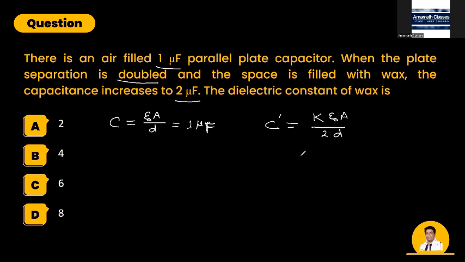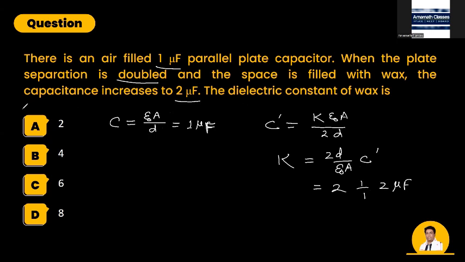So K will be equal to, because we want K only, 2D by epsilon naught A into C dash. Now epsilon naught A by D is 1, so 1 by 1 only, okay? And C dash is given as 2.